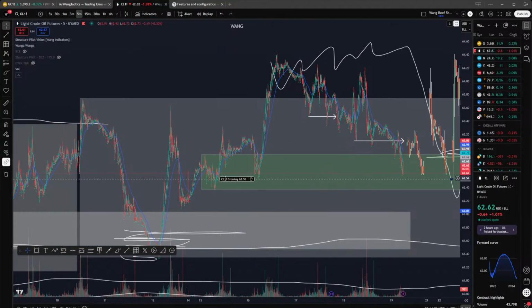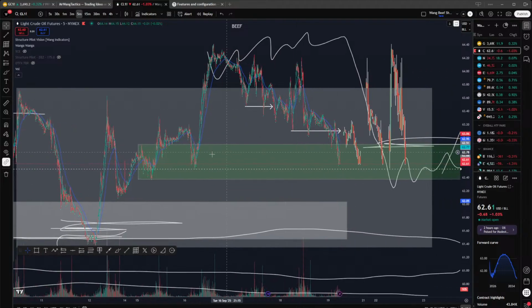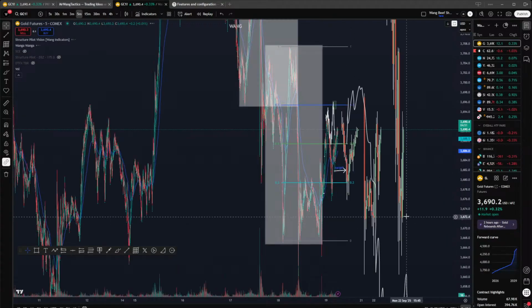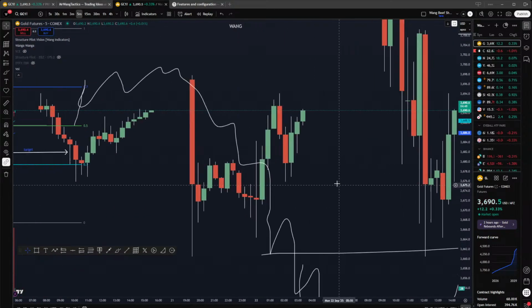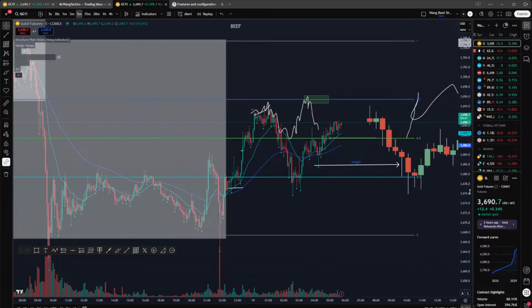Until we get that low, not yet. Okay, I'm waiting for us to get that low, and we'll see if we can find some move back up after we get that low. Right? There will be an alert anyway.